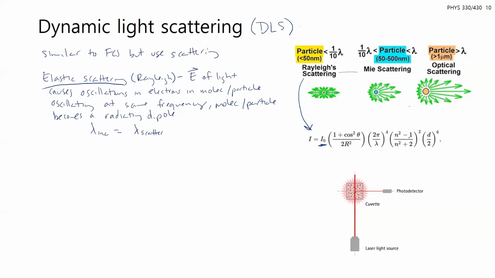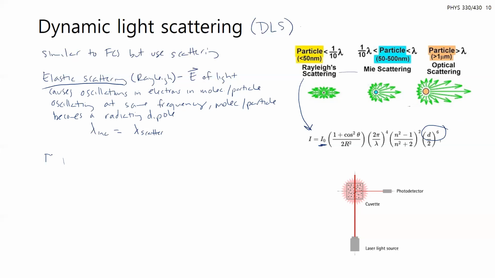But the important parameter that I want to point out here is that it depends on the size of your particle to the 6th power. So depending on the size of your molecular particle, it greatly changes as your particle increases.